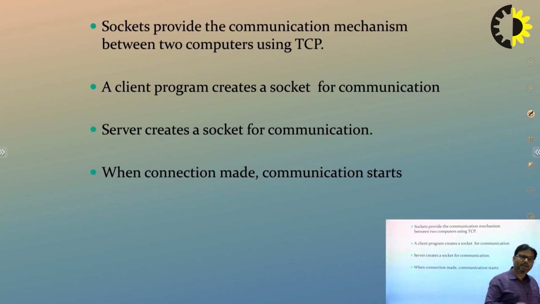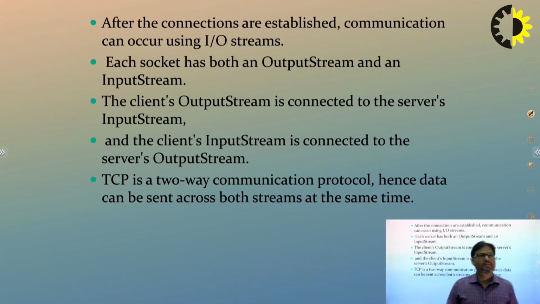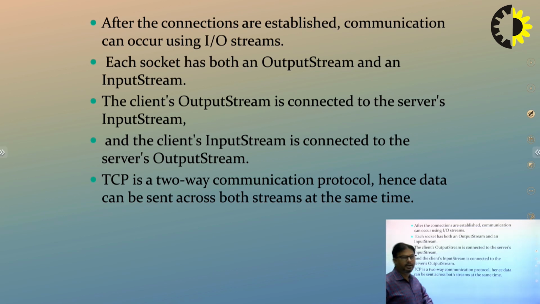When the connection is made, then communication starts. After the connection is established, communication can occur using input-output streams. Each socket has both an output stream and an input stream.